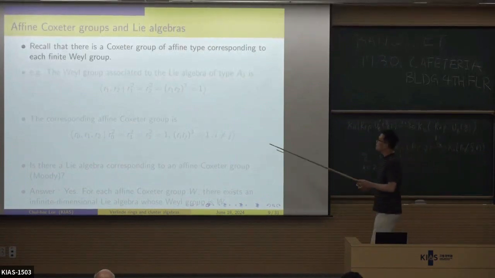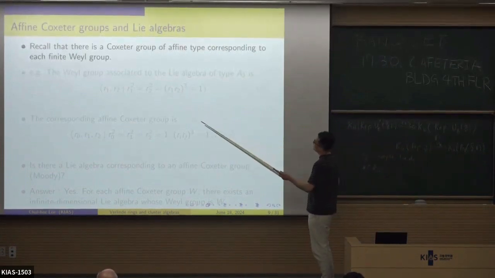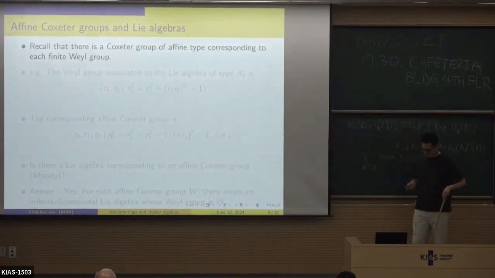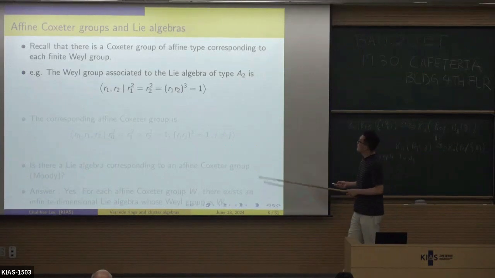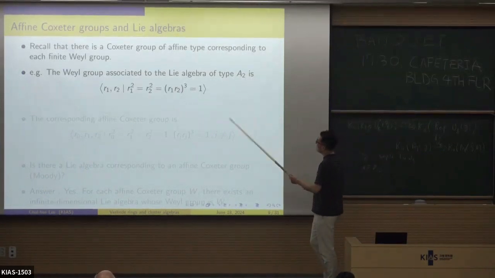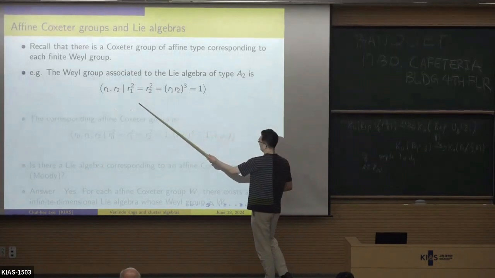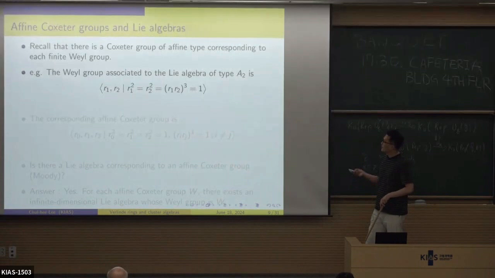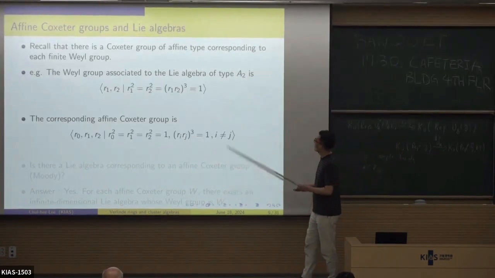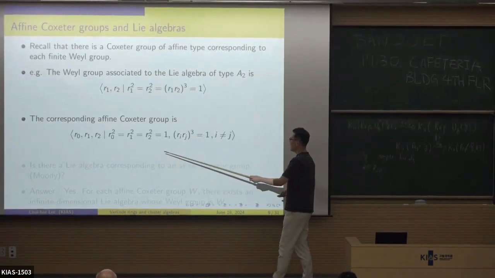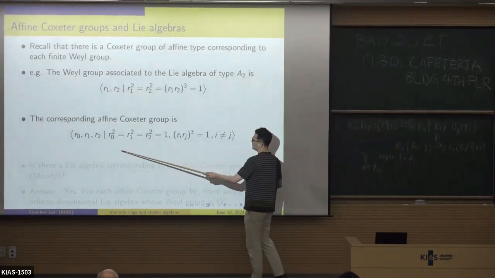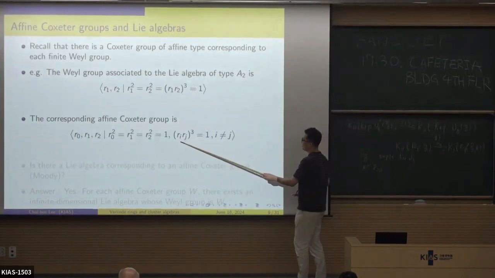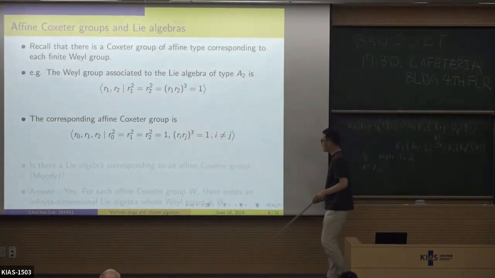For each finite Coxeter group, or finite Weyl group, there is a corresponding affine Coxeter group. So for the Lie algebra of type A2, the Coxeter group generators and relations look like this. And the affine Coxeter group corresponding to A2 looks like this. So we add one more generator, I0, and we need to include some relations involving I0 also.